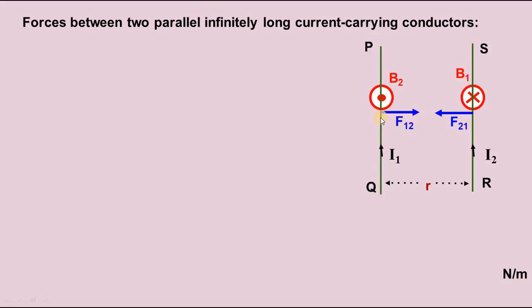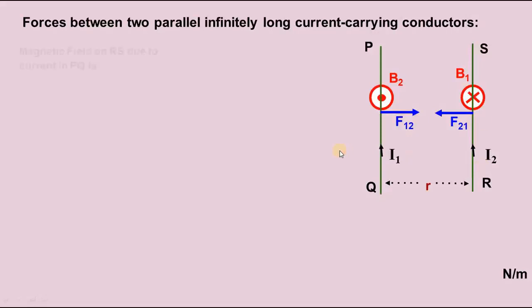Since a current carrying conductor produces a magnetic field, the current I1 produces a magnetic field at RS, which is given by B1. By the right hand thumb rule, the direction of B1 will be perpendicular to this page and inwards.